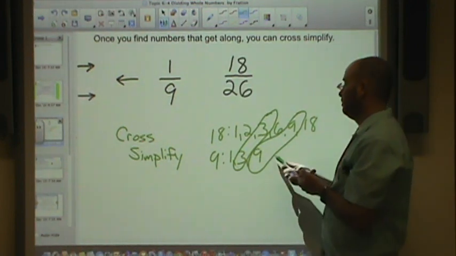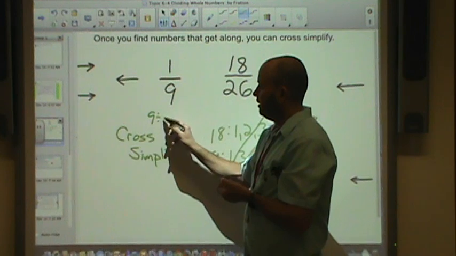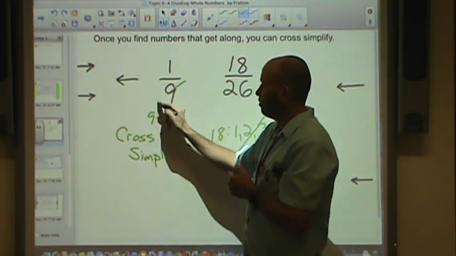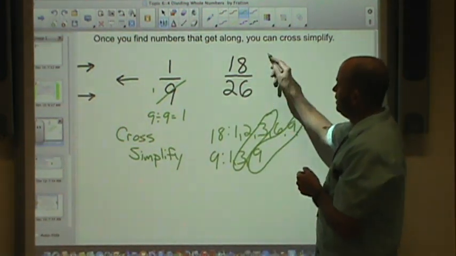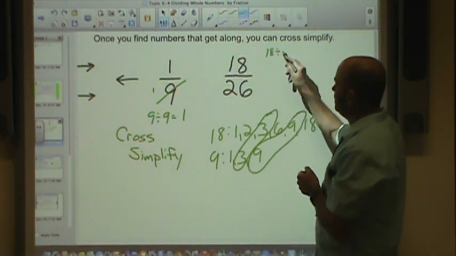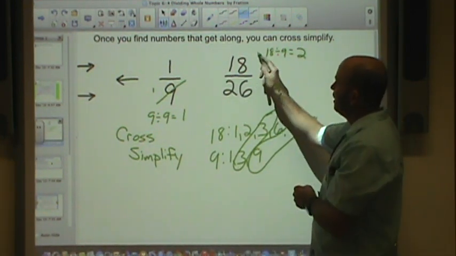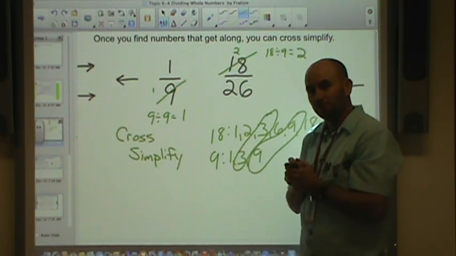That was a mistake on my part. So we're going to take 9 and divide it by 9 and get 1. So we can cross that out and make it 1. Then we can take 18 and divide 18 by 9, the GCF, and get 2, and that becomes 2. So we cross simplify.